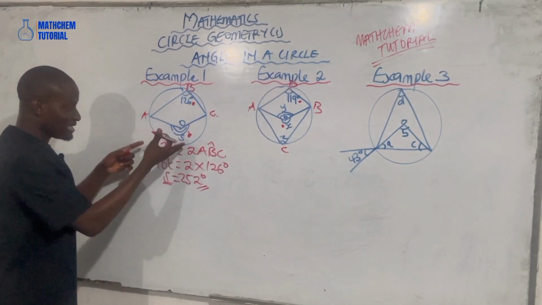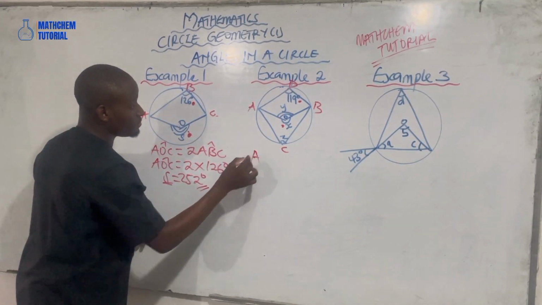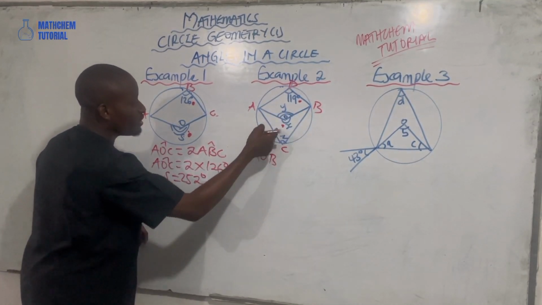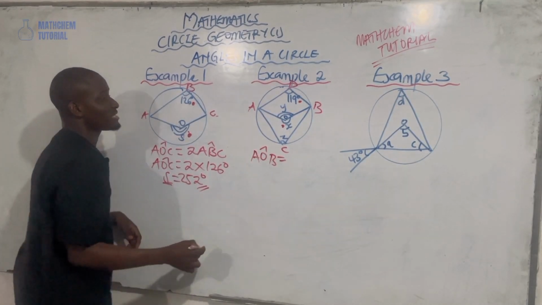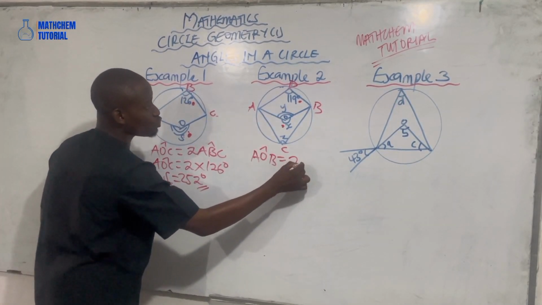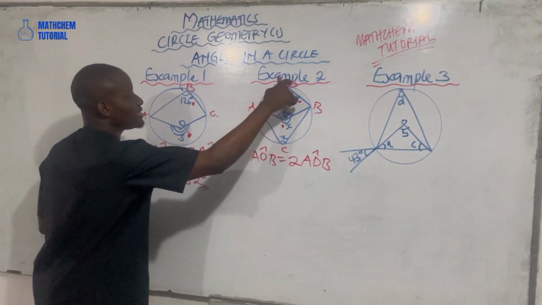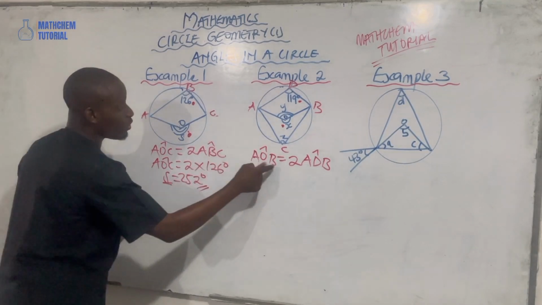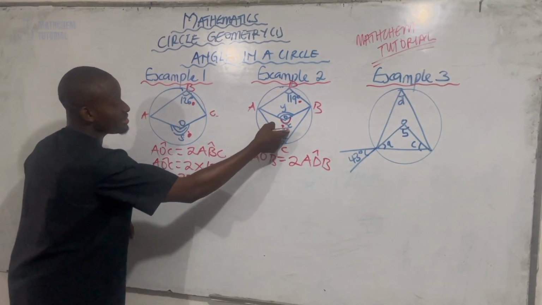Now let me write it in this pattern by saying angle AOB, this one we have here, will be equal to what? This x I'm referring to will be equal to 2 of angle ADB. So angle AOB, I'm referring to this one down here, is represented as x.